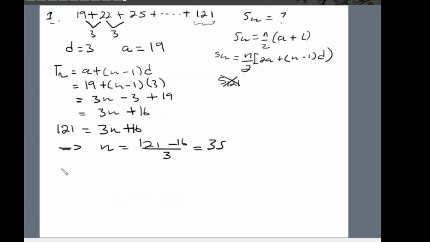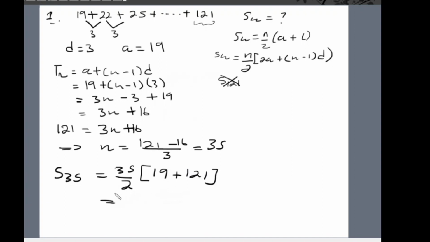Now we can calculate S35 using this formula here: Sn equals n over 2 times the first term plus the last term, right? So Sn equals 35 over 2, the first term is 19, the last term is 121.